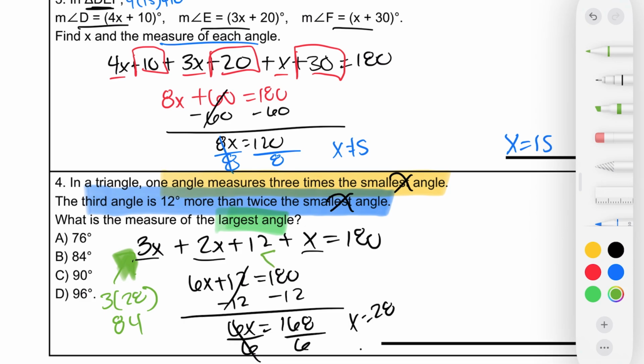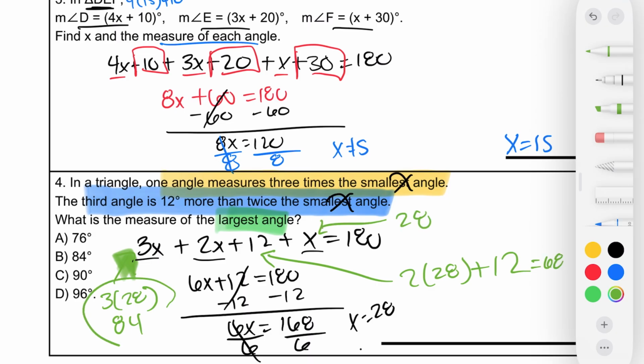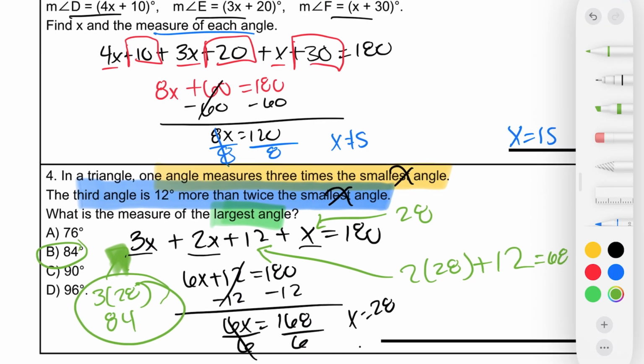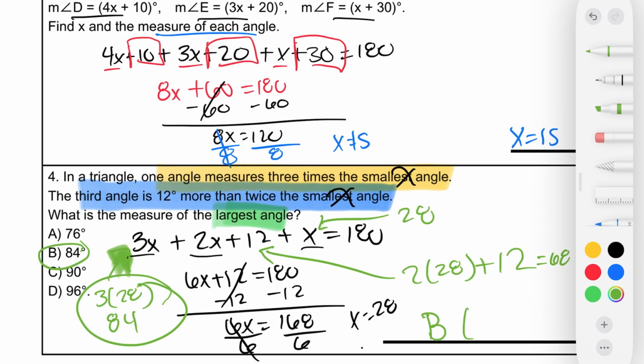We'll do 2 times 28 plus 12, which is 68. And of course, this one will just be 28. So therefore, 84 was the largest. The answer would be B, 84. I don't know why I put parentheses.